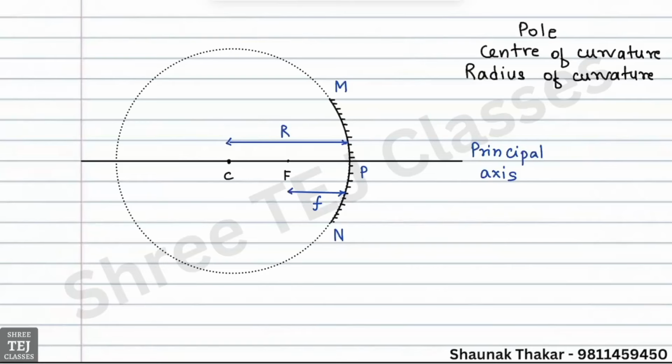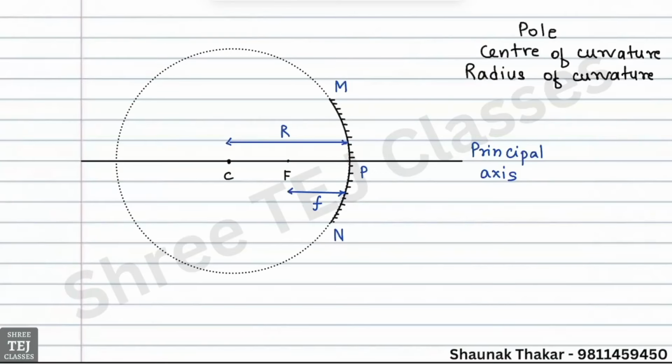The next term we need to look at is the principal axis. We can see just one line which is passing through the two important points that we have studied: point C, the center of curvature, and point P, the pole.